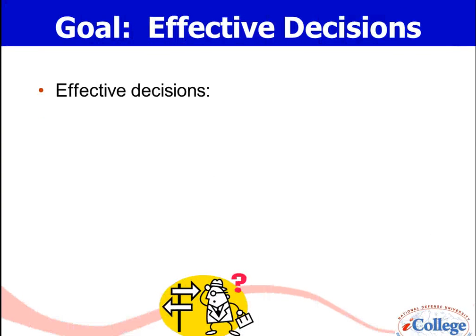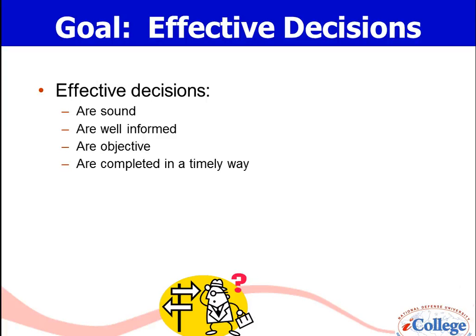Now let's talk about the goal, and that of course is to reach a decision that's effective. And that may or may not be the best decision in terms of the rational outcomes, because an effective decision is one that is sound, is well informed, is objective, and can be completed in a timely manner.